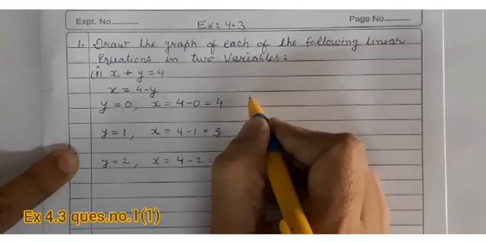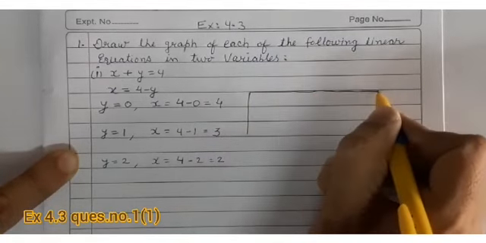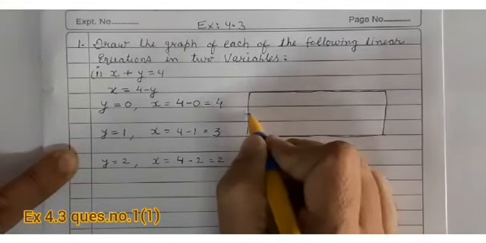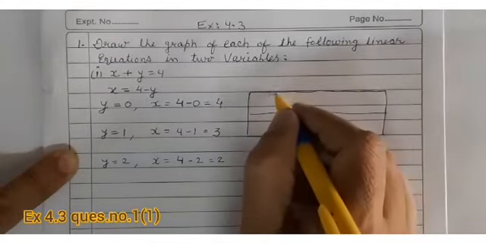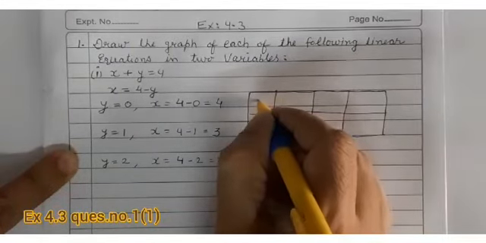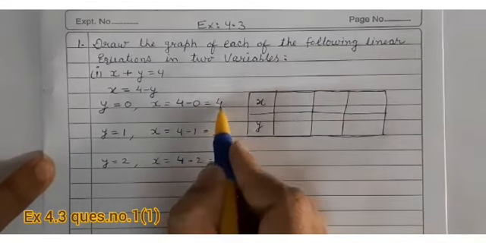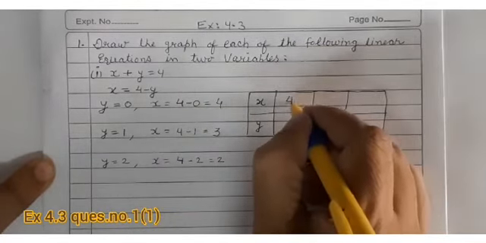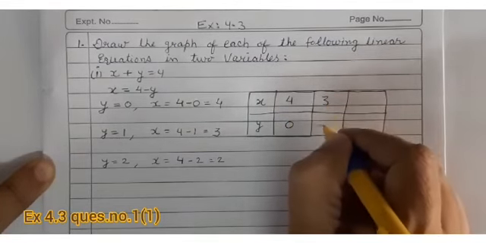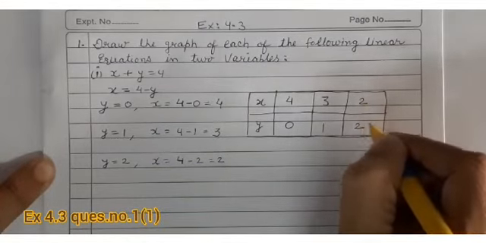Now I am trying to make a table for making the graph. This is your table, and there are two variables, x and y. x is 4, y is 0; x is 3, y is 1; x is 2, y is 2.